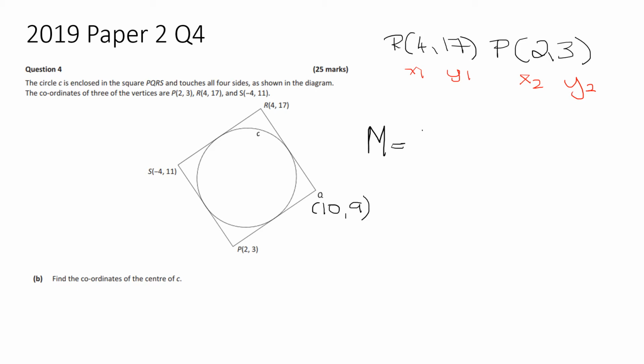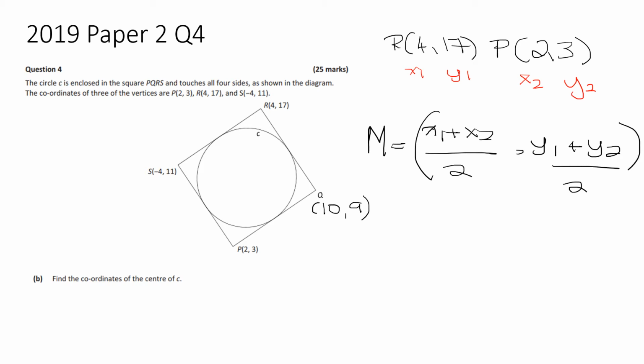So capital M for midpoint. So I add the x's and I halve them, and I add my y's and I halve them. So that is x1 plus x2 over 2, comma, y1 plus y2 over 2.